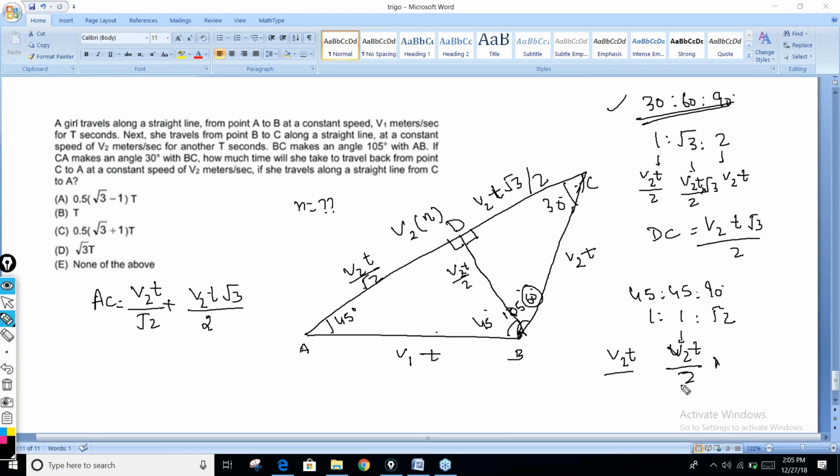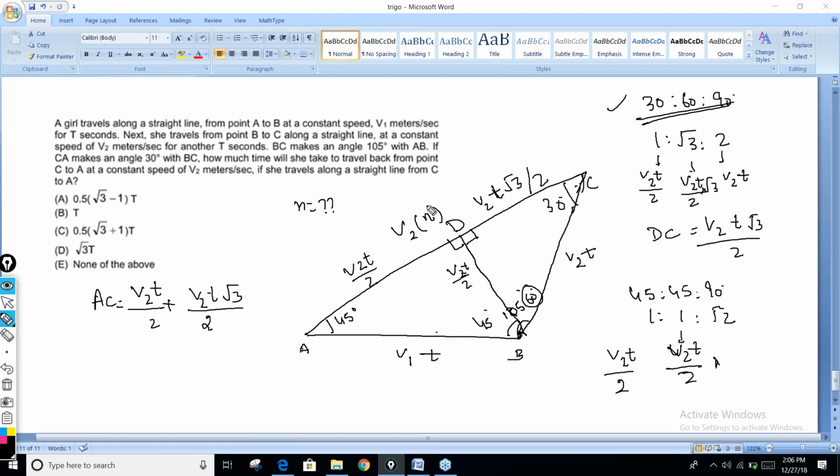That is v2t upon 2. So this will also be v2t upon 2, and this will be root 2 times. Actually we do not need this side, whatever it is. I'm bothered about this side, which is v2t upon 2. So the complete side AC is v2t upon 2 plus v2t root 3 upon 2.